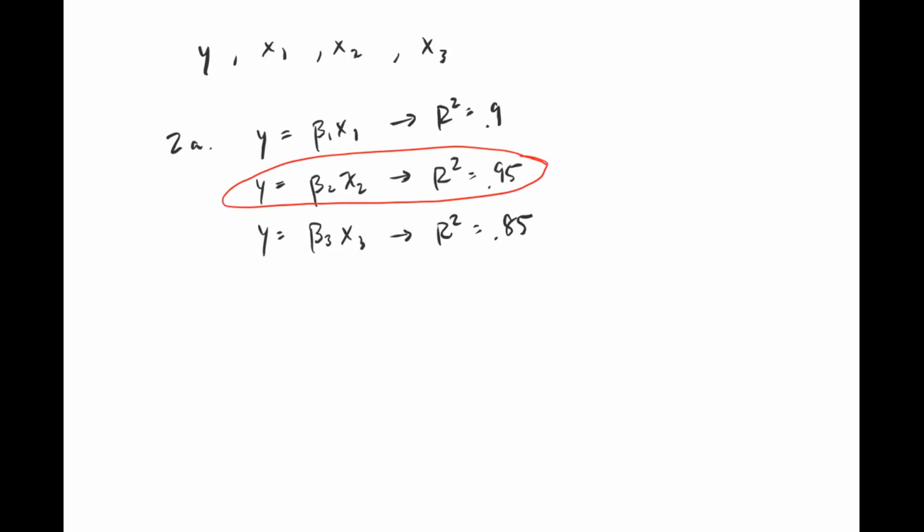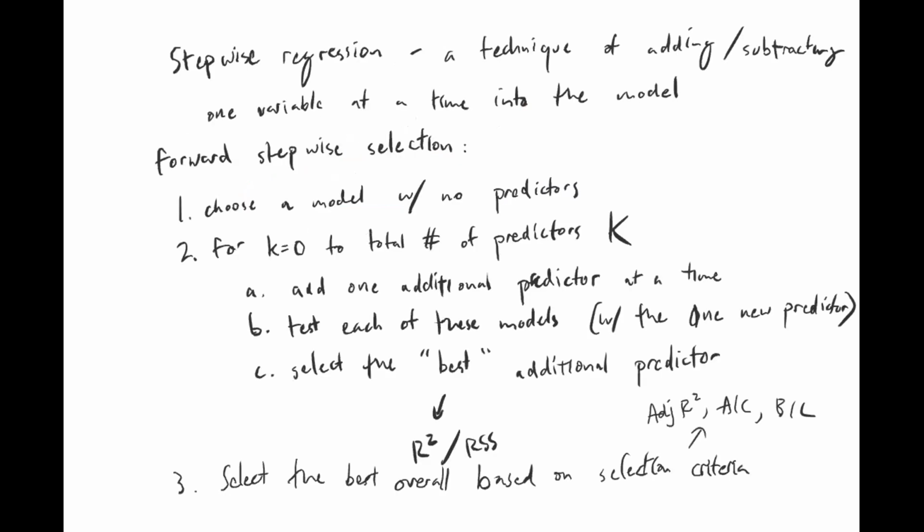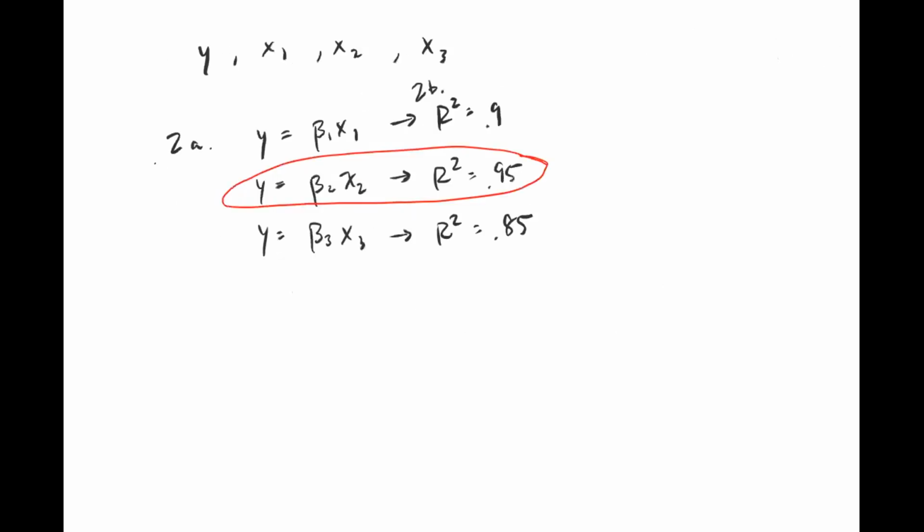That's step 2B, and then this part is 2C, where we select this one.